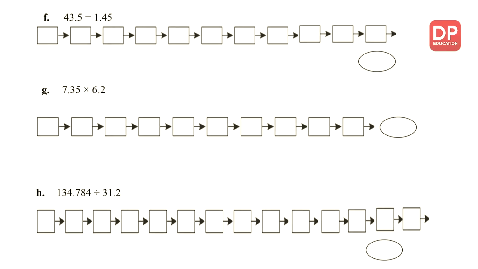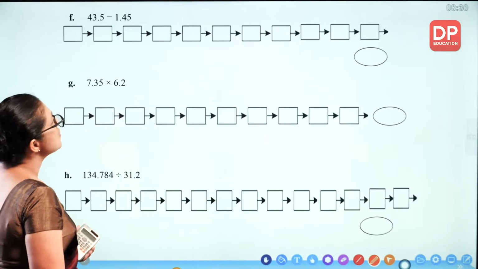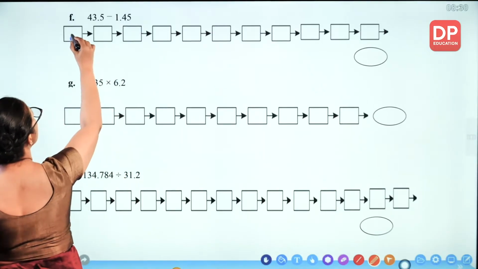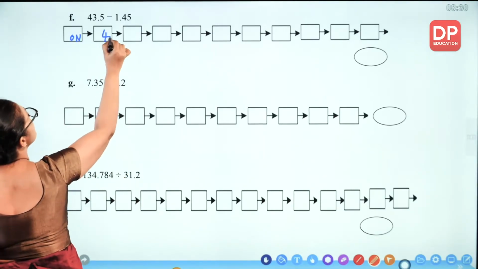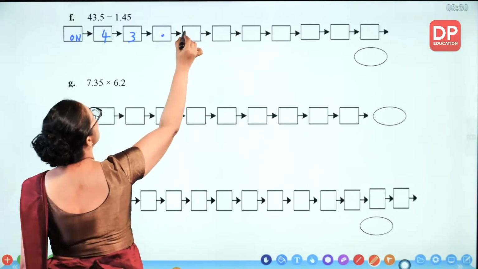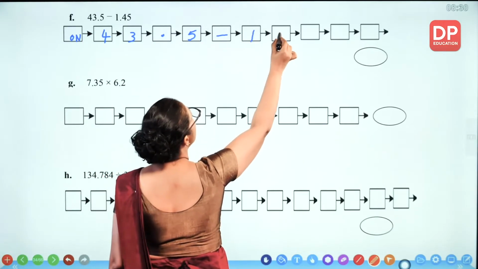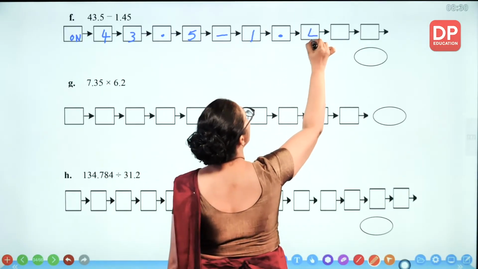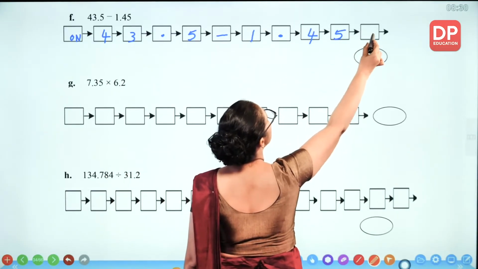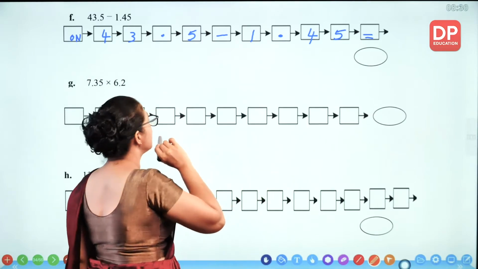This one, 43.5 minus 1.45. So switch on the calculator. 43.5 minus 1.45 and then press equal sign.